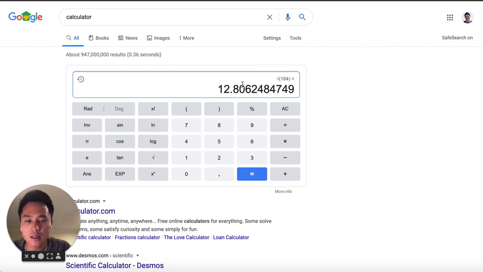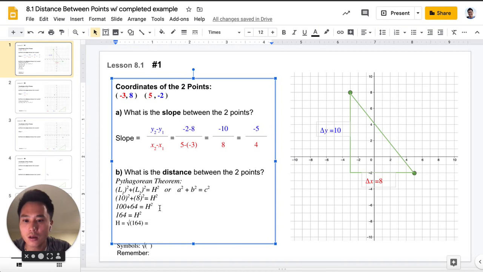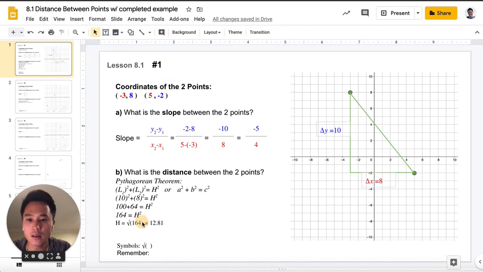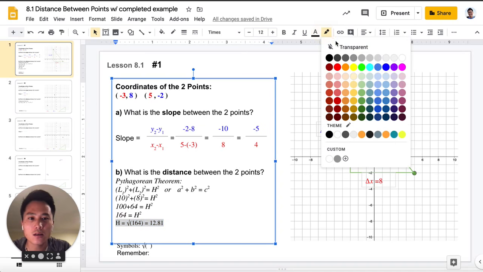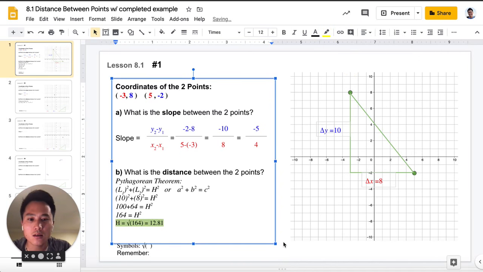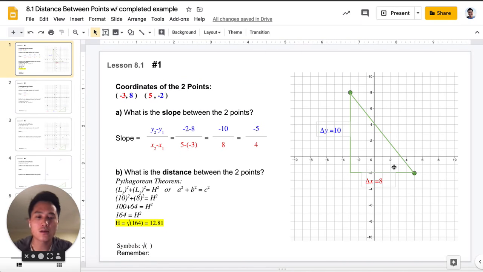That's this second number after the decimal. So this would round up to a 1. So rounded would be 12.81 or 12 and 81 hundredths. So square root of 164 is equal to 12.81 units. That is my final answer, as the distance between those 2 points using the slope triangle.